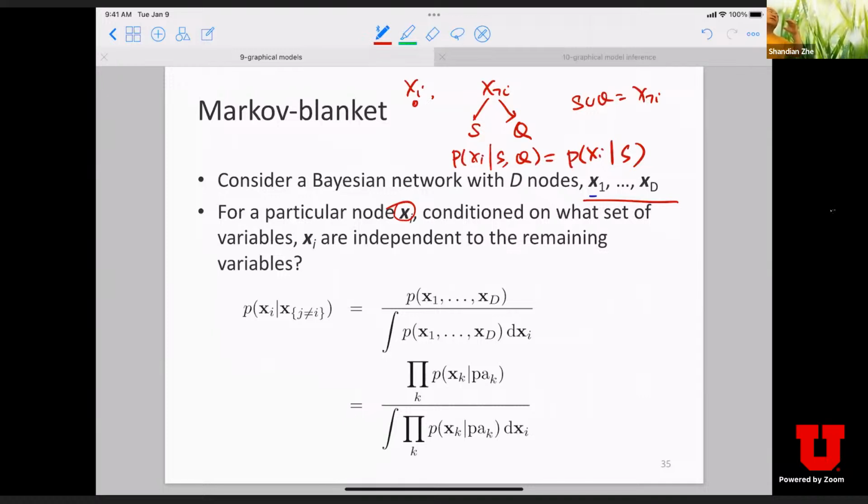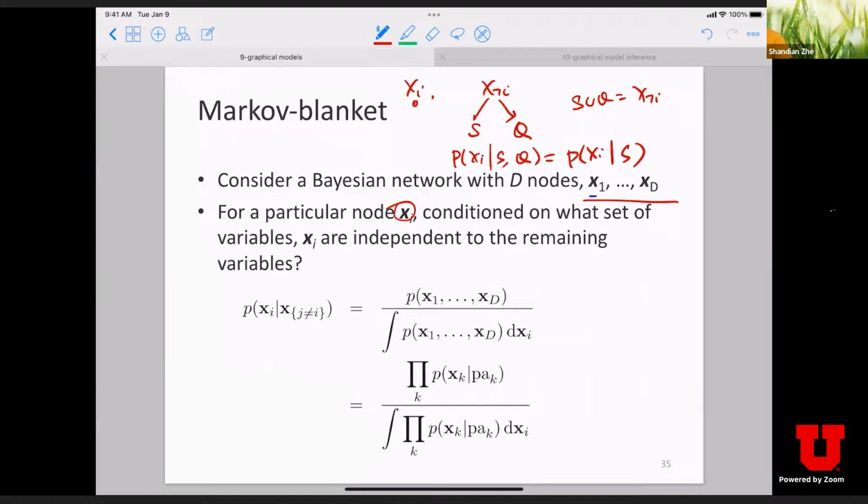You can view it as building a wall which separates xi from all the other variables outside. Are we on the same page? In the definition, the question is, how do you identify S?